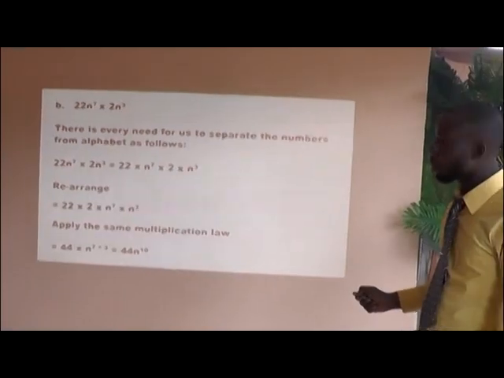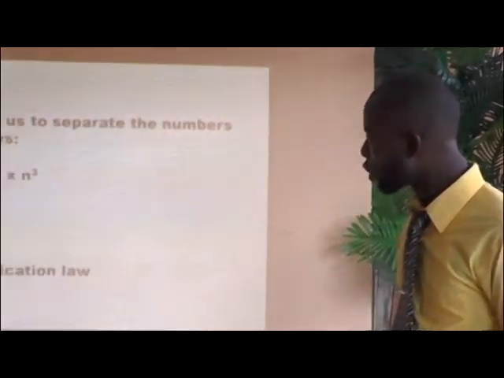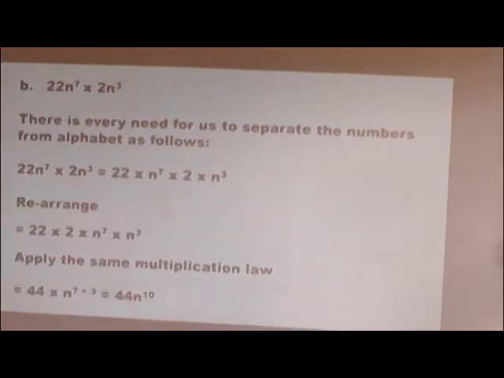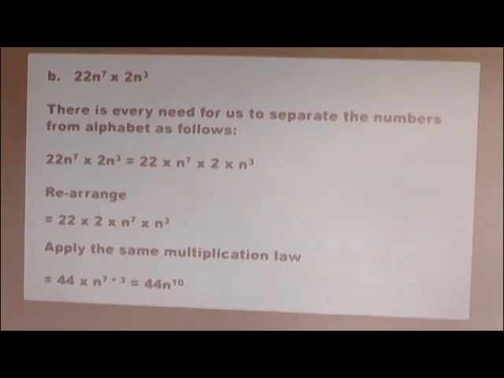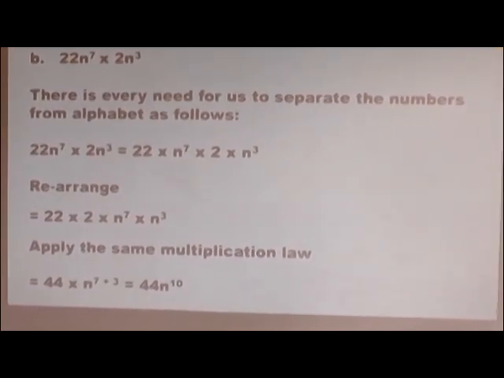So we are going to match n with n. If it is n here and you have m here, you are not going to match the two together. So we are going to have this 22 multiplied by these two when you are doing the separations.